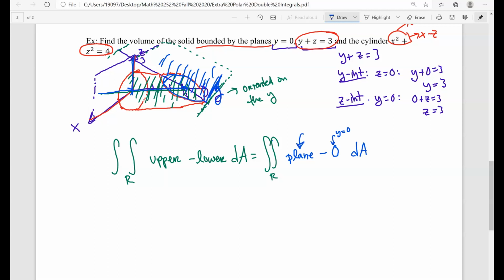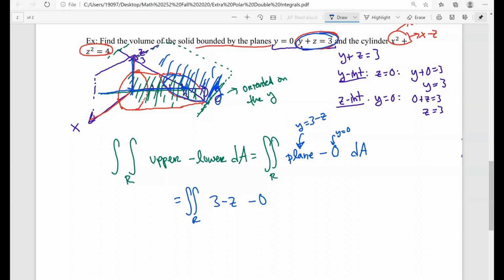So what would this plane be in terms of y? Since we know that y plus z equals 3, I subtract the z over and we get y equals 3 minus z. So this is going to be the double integral over the region of 3 minus z, minus 0, dA.